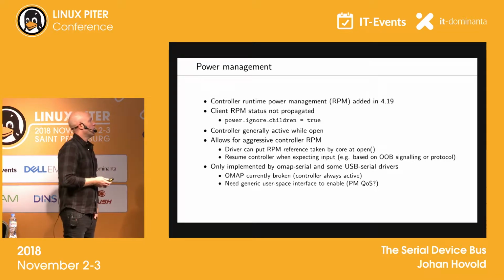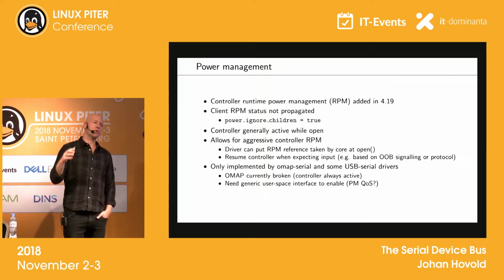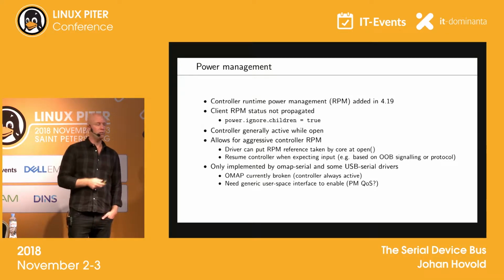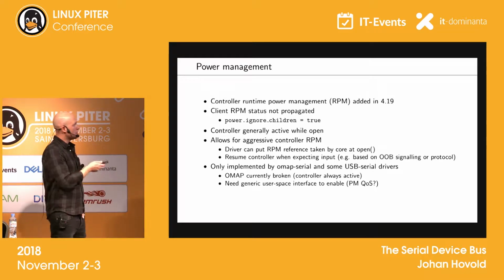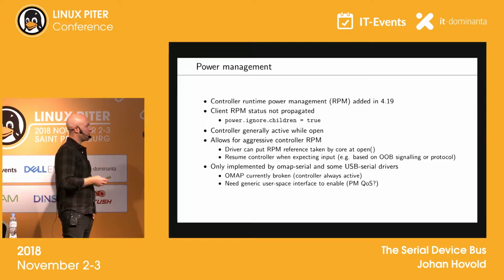And this is typically how serial controllers are implemented in the kernel today, but we have a few examples of device drivers that implement more aggressive forms of runtime power management, which allow the controller to go into runtime suspend while the port is open. And this new implementation for controller runtime PM that was added in 4.19 allows serdev device drivers to utilize this fact.